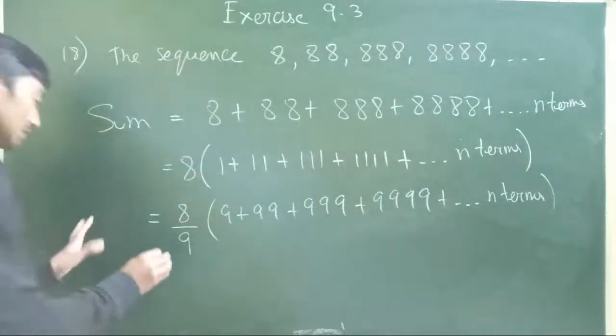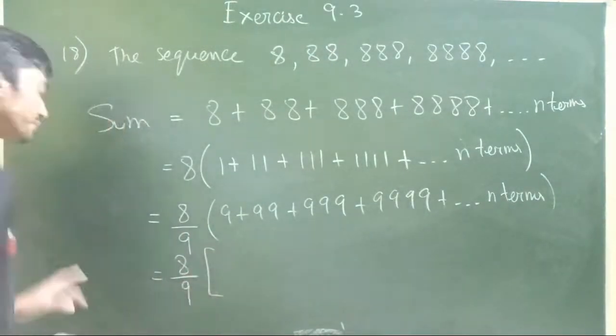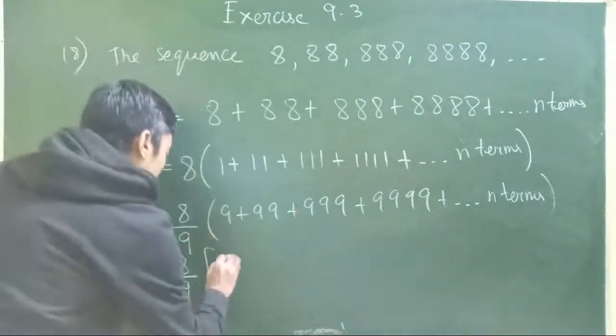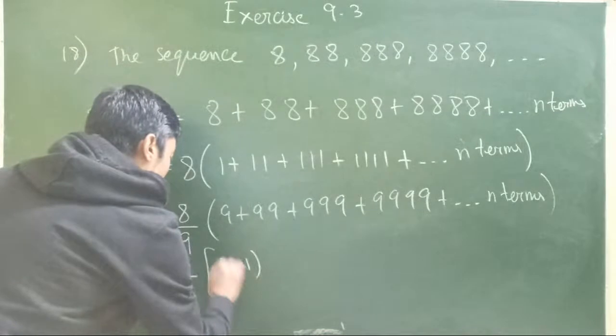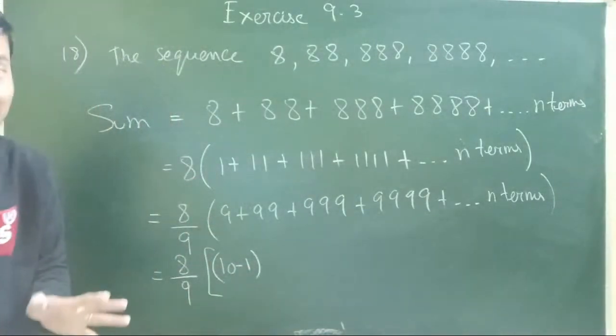The whole complexion of the problem, that is 8 by 9. You see, 9: is it okay if I write it as 10 minus 1? You will see the next 2-3 steps, what we are trying to do here.